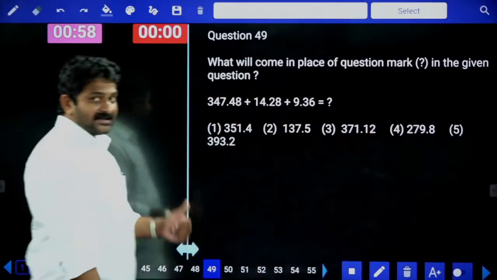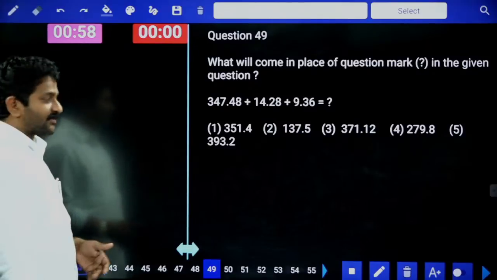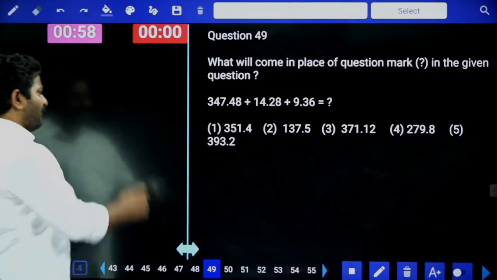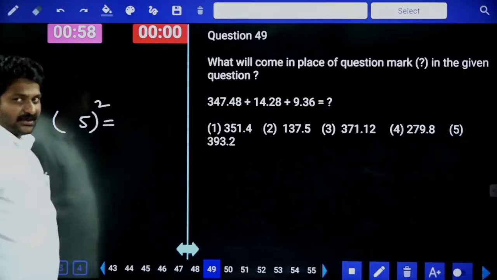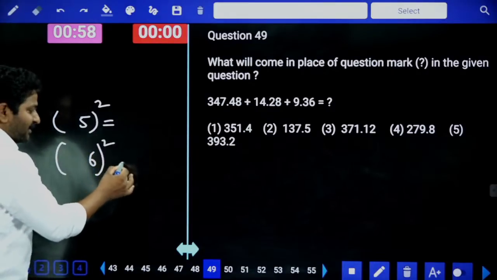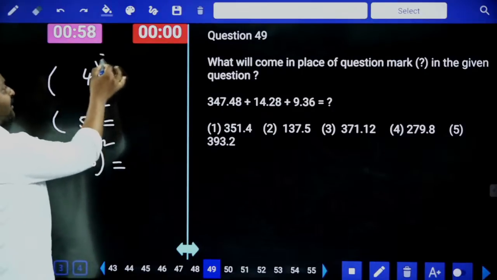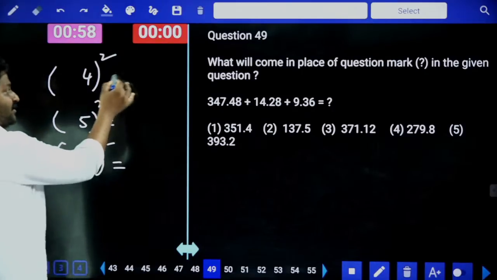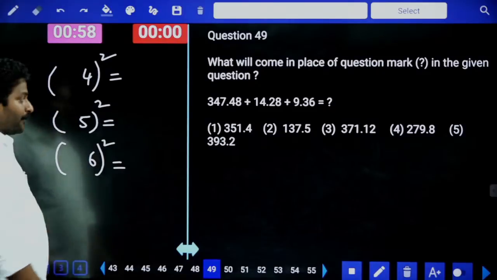Yes. As I said, how to identify next number square as well as previous number square. Easily, every person can identify square of a number which ends with 5. So immediately you can answer next number which ends with 6 square, and at the same time previous number which ends with 4 square. So with this we can generate two more.